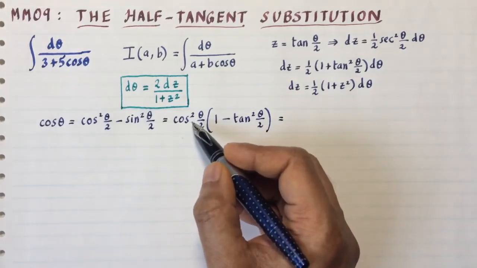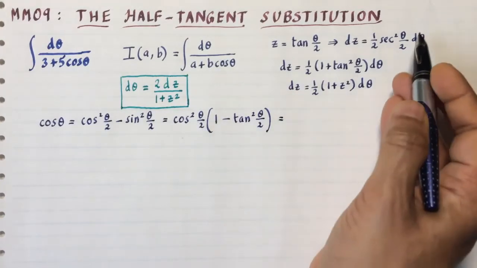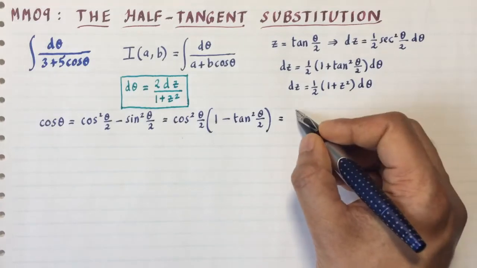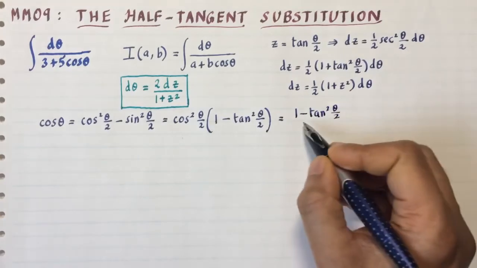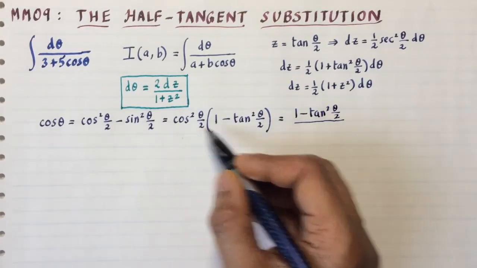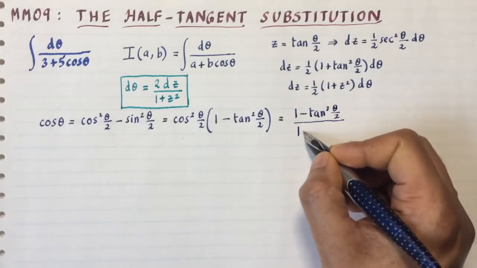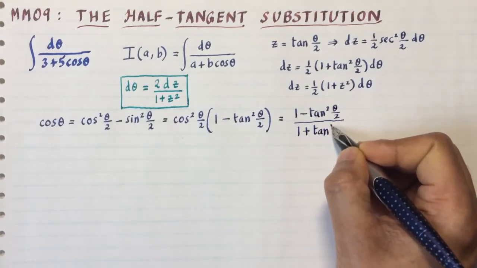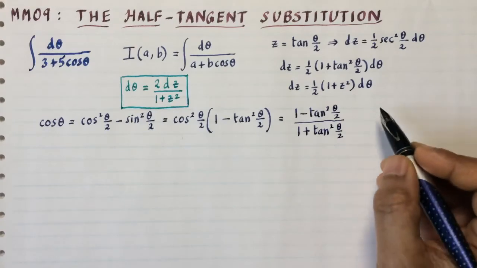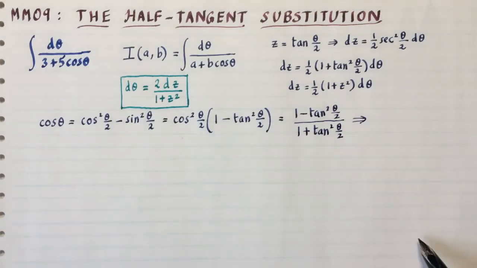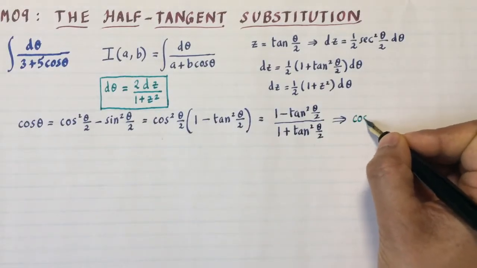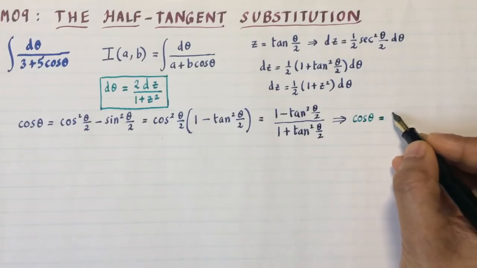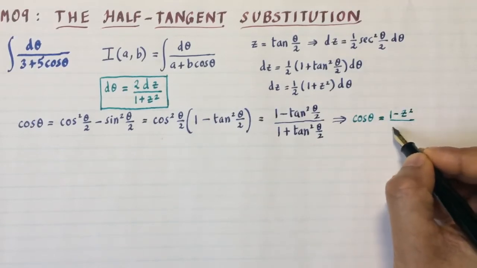Now cosine squared theta over 2 I can write as 1 over secant squared theta over 2, and I'm back to business there. So this is 1 minus tan squared theta over 2 divided by secant squared theta over 2 in the denominator, which can be written as 1 plus tan squared theta over 2. So I have a nice expression for cosine theta, and that is cosine theta is equal to 1 minus z squared over 1 plus z squared.